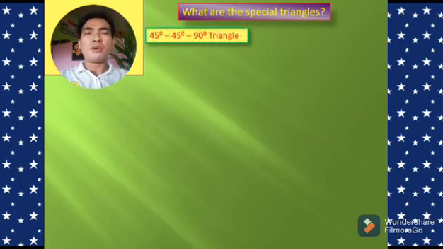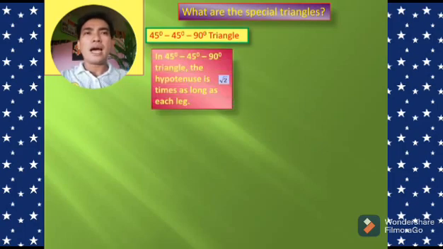1. The 45, 45, 90 degrees triangle. It says that in a 45, 45, 90 degrees triangle, the hypotenuse is square root of 2 times as long as each leg. How does it look? Let us illustrate.